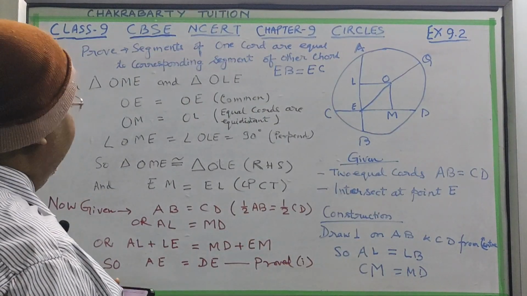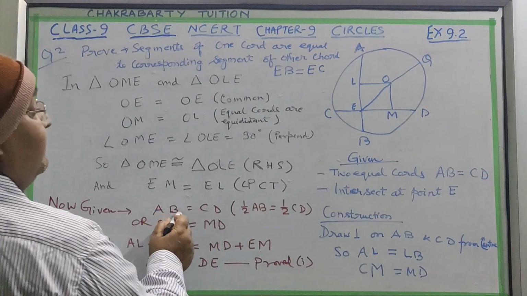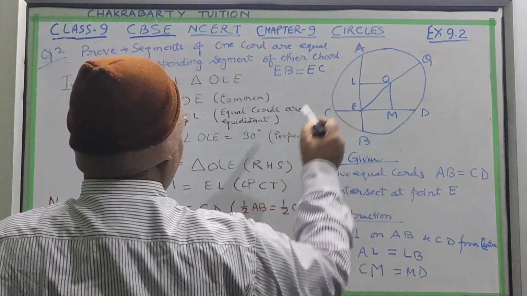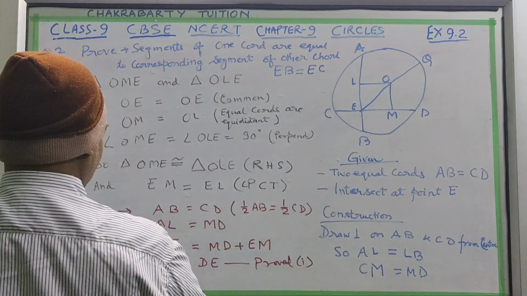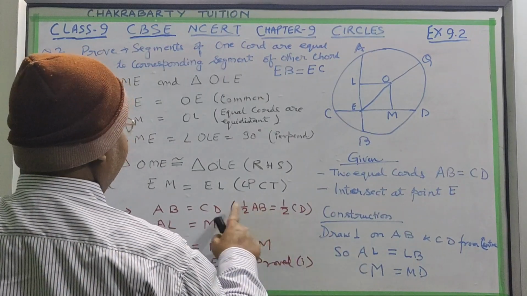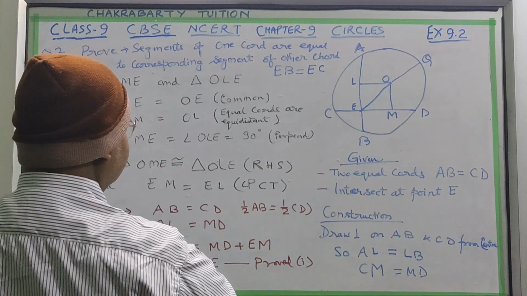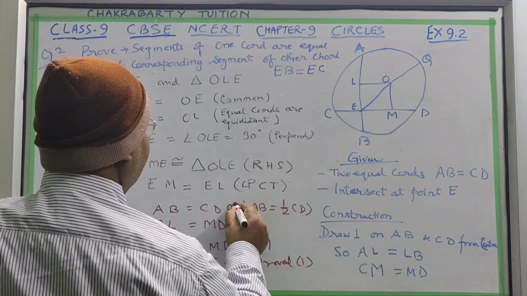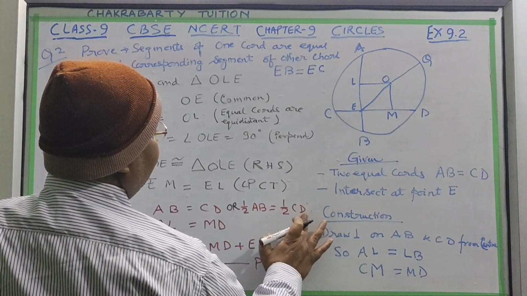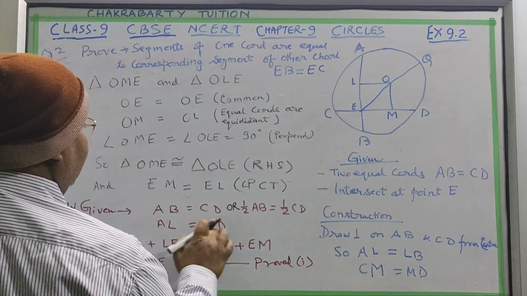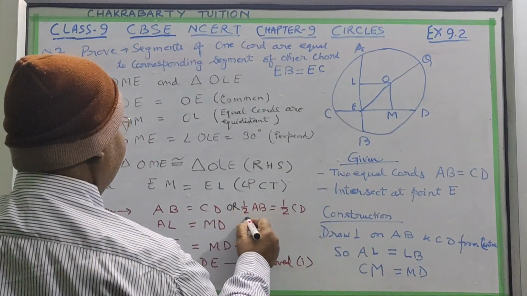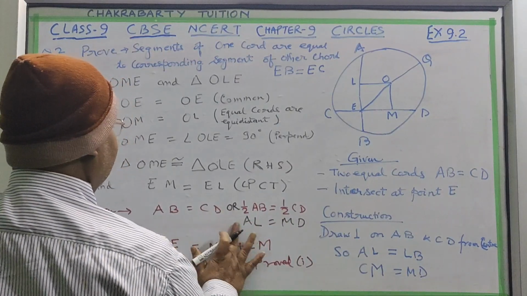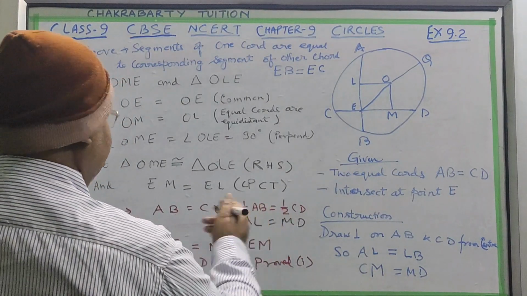So in place of half of AB we can write AL, and we can also write that AL is equal to MD. Okay, so this we can write here. So half is equal to half.